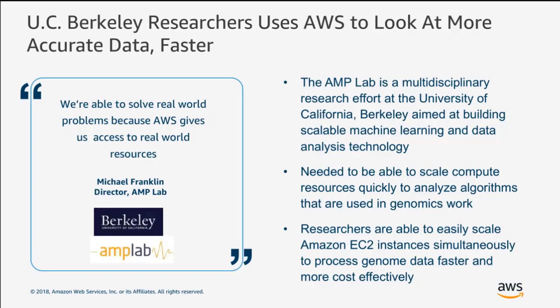And they've been able to really utilize AWS because it gives them access to a number of very high performance, high capability resources very quickly. And so, as noted here by Michael Franklin, they were able to solve a lot of real world problems because of the resources that AWS gives them access to.